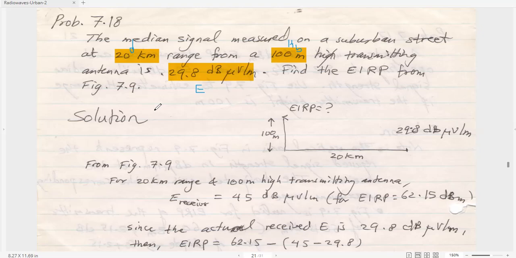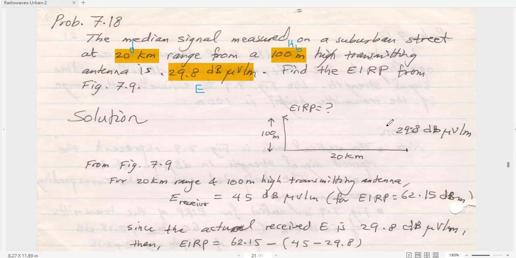Now we use the distance of 20 kilometer, the base station height of 100 meter, and the electric field of 29.8 dB micro. Find EIRP. The distance is given, and the base station height is given.